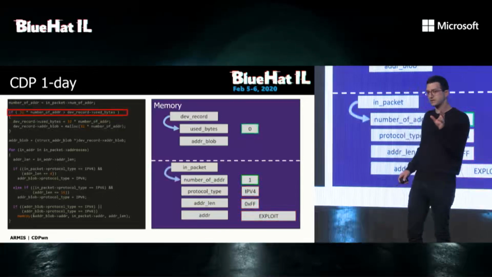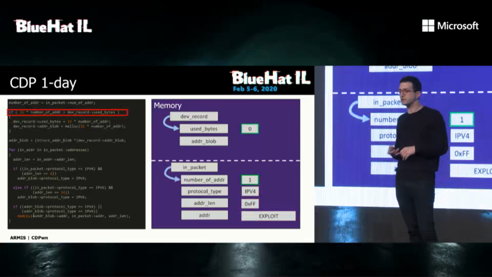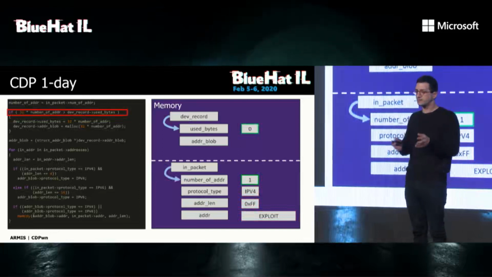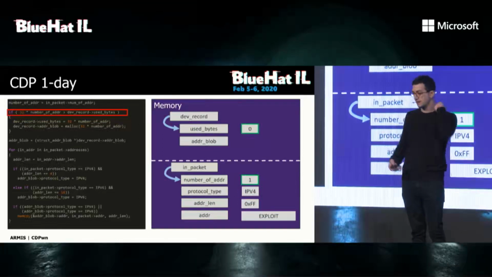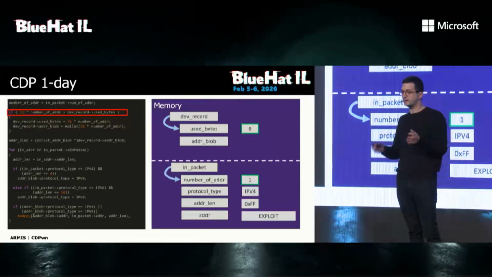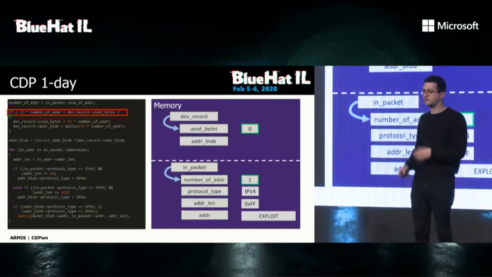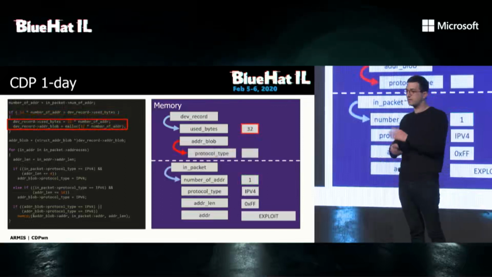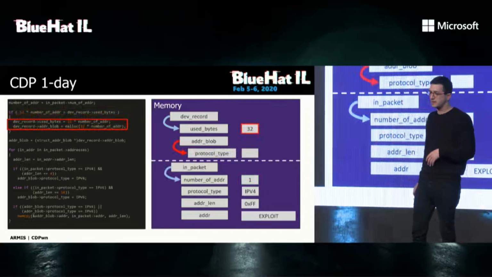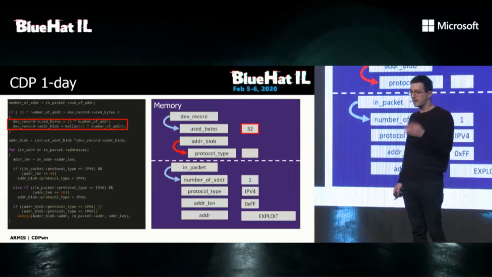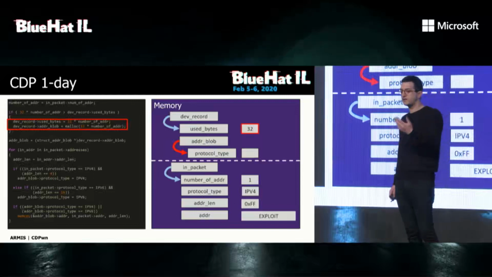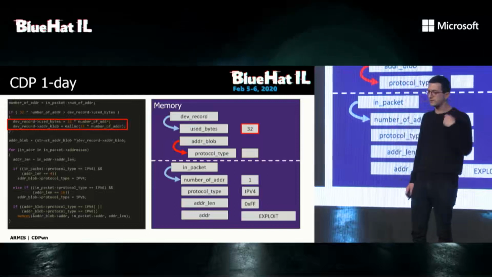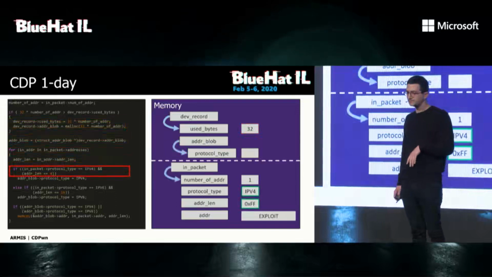There is a device record. This is a structure that represents a certain CDP neighbor, a certain CDP device that is connected and sends CDP packets. That is allocated for each CDP neighbor, and inside it is an address blob for all the addresses that have been parsed. So initially, every time a packet is received, this address blob will either be allocated or be reused from a previous allocation.